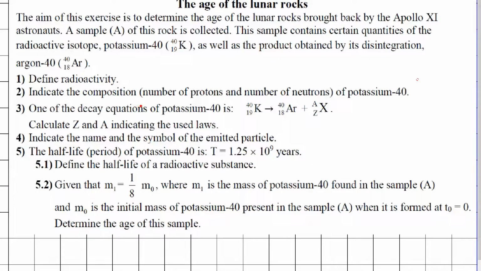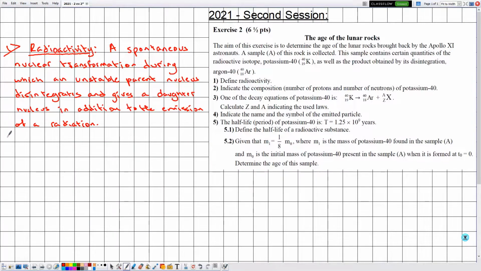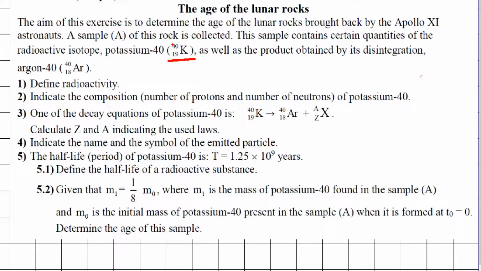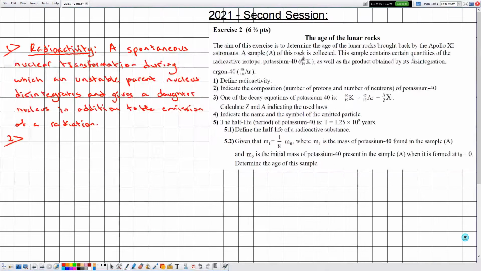Now they are telling us to indicate the composition, the number of protons and the number of neutrons of potassium-40. So this is the nucleus potassium-40, and we know that the nucleus consists of protons and neutrons. Now the symbol of the potassium-40 is given by that. Let's recall that this is the mass number and this is the atomic number.